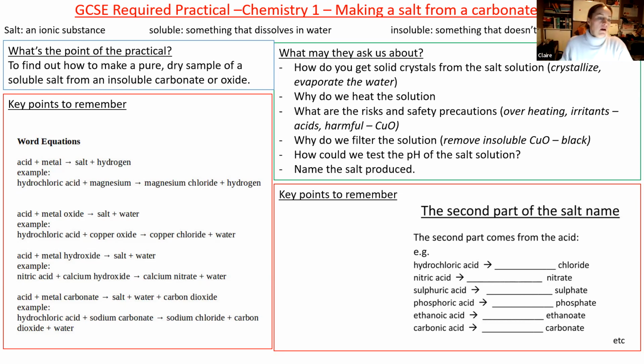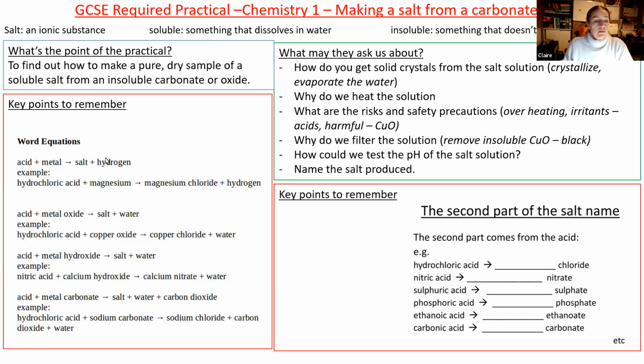Okay, some science behind it. These are really key bits for this topic that you need to remember. You need to know how acids and metals react. There's 4 main equations. Okay, they all produce salts.